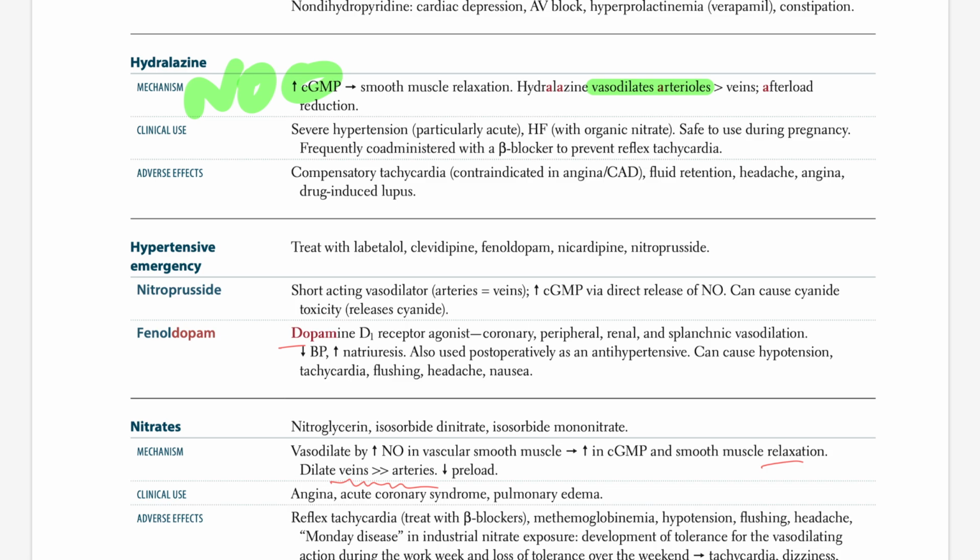It is safe in pregnancy, high yield, and it is contraindicated in angina and coronary artery disease, high yield. It causes fluid retention, which will lead to peripheral edema. Okay, and what else might you have? SLE-like drug-induced lupus, high yield point, and that is going to be all for hydralazine.